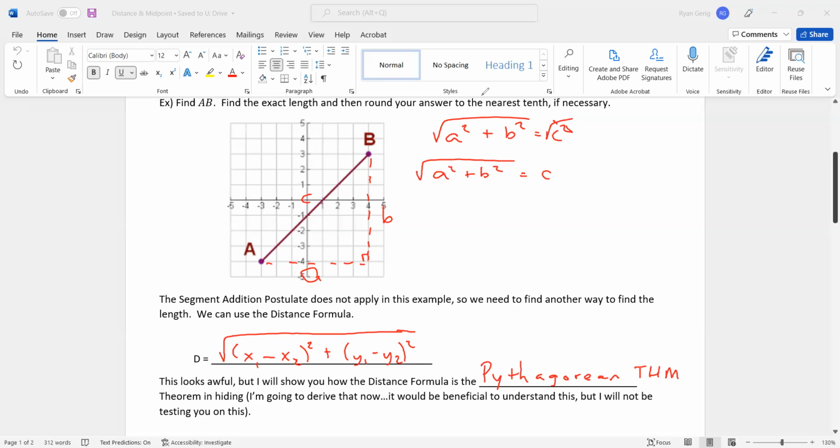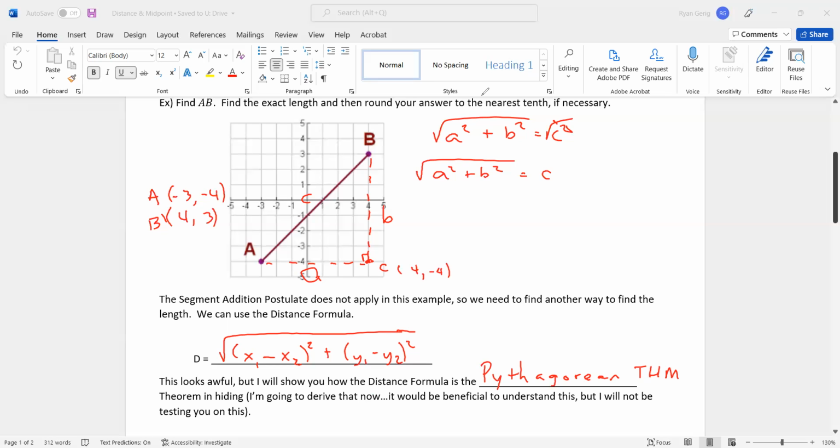So I'm going to go over here and give the coordinates of A and the coordinates of B. A has coordinates (-3, -4). B has coordinates (4, 3). Okay, so this point down here, which I'll just call C, has coordinates of (4, -4), right?